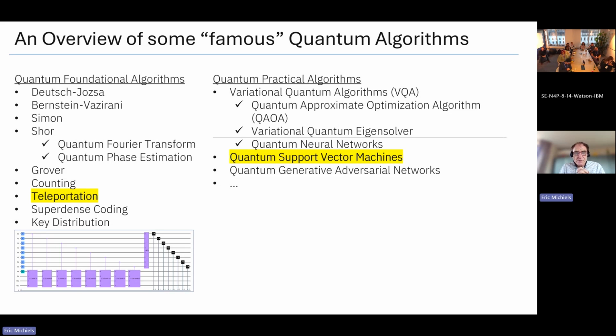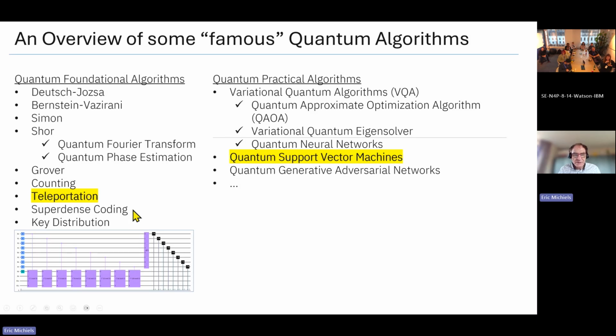And the famous ones are Shor and Grover. Shor, as you know, is the cause of the quantum threat. But within the Shor algorithm, you also find some interesting techniques, such as the quantum phase estimation and the quantum Fourier transformation that are used in many other algorithms. And the Grover algorithm, of course, for the search with the quadratic speedup.